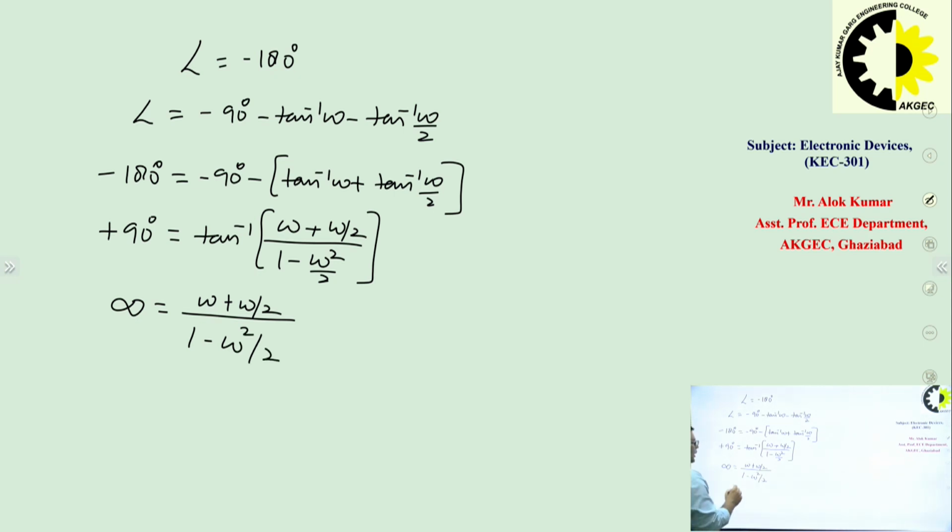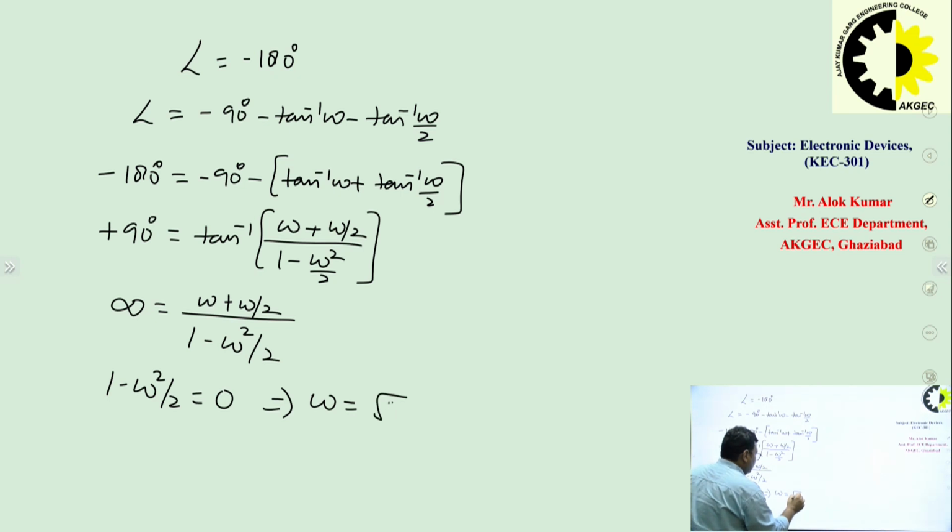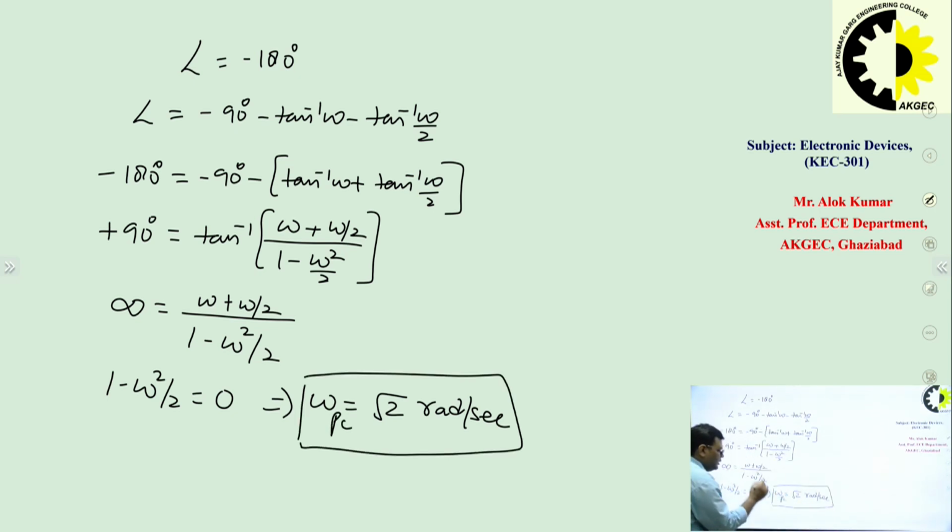Tan 90 is infinity, so it is possible only when 1 minus omega square by 2 is equal to 0. From here we can calculate omega, which is under root 2 radian per second. So this omega is nothing but omega PC, the phase crossover frequency.